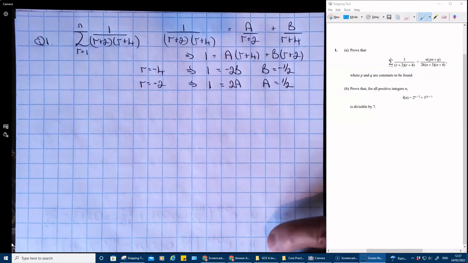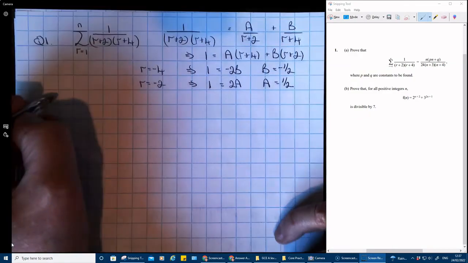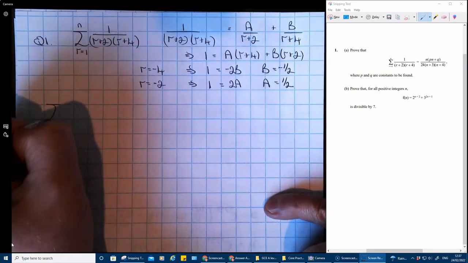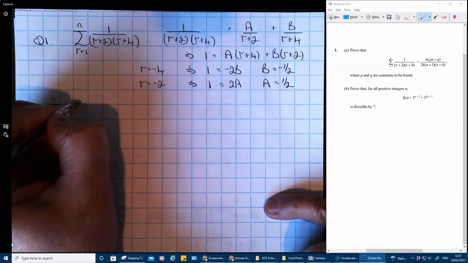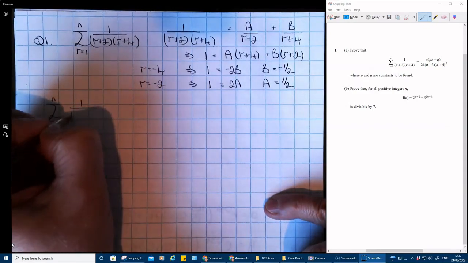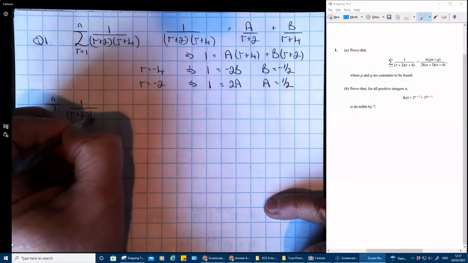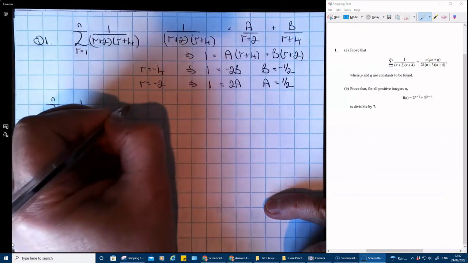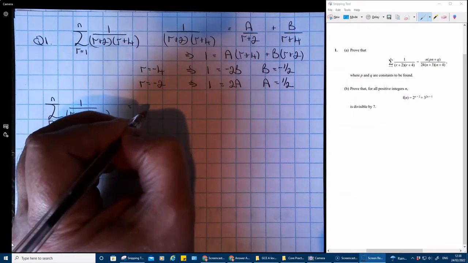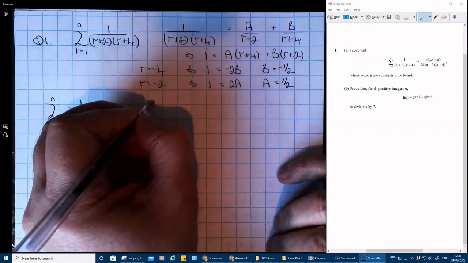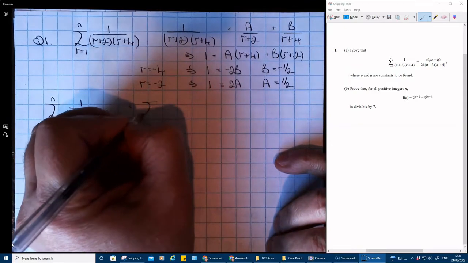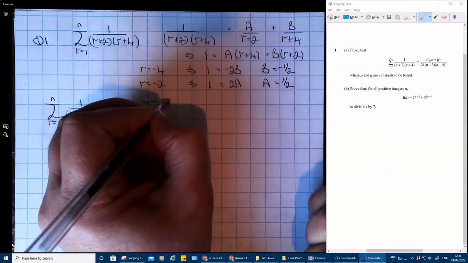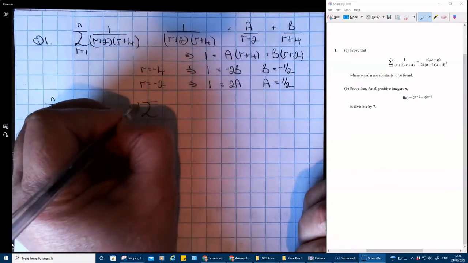Okay, so now I'm working with the series, I'm doing a sum, r equals 1 to n. That's the same as, I'll leave the half in, sum of, I'm going to take the half out.